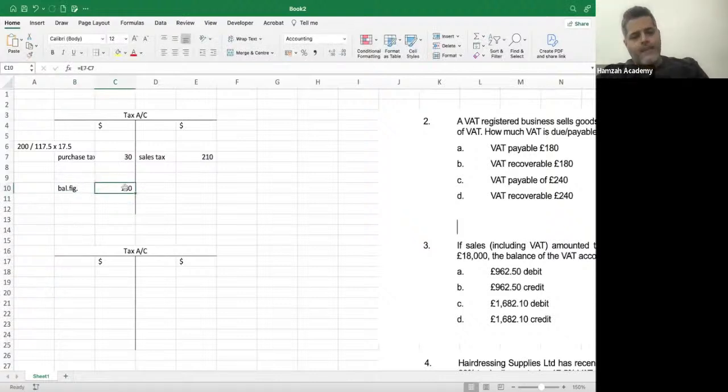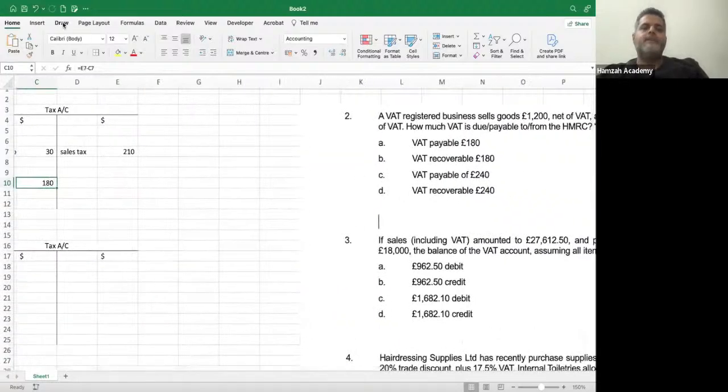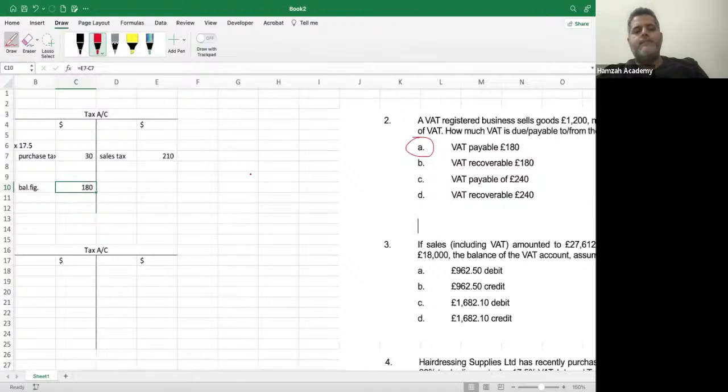And if the figure is here, as we have seen in the standard T account, it means that this is a payable balance. So the VAT payable is going to be 180 over here. Why 180 payable?